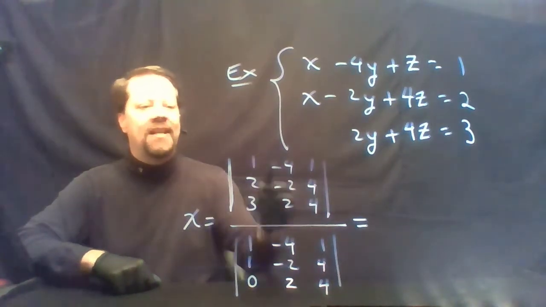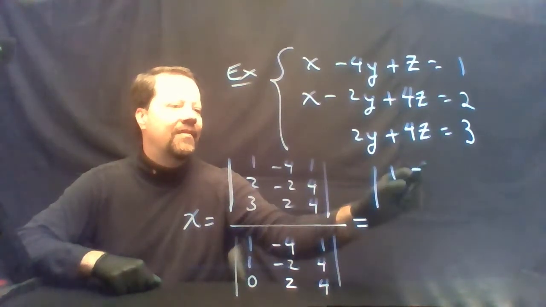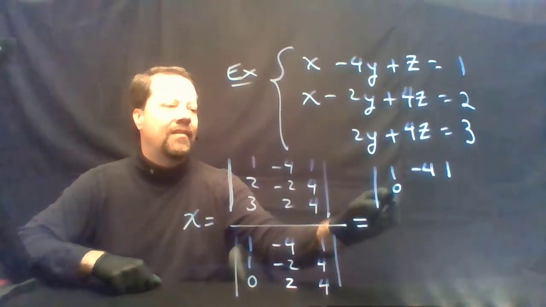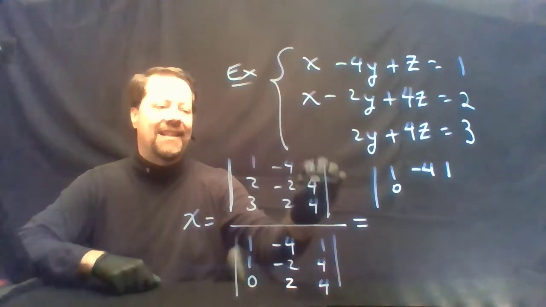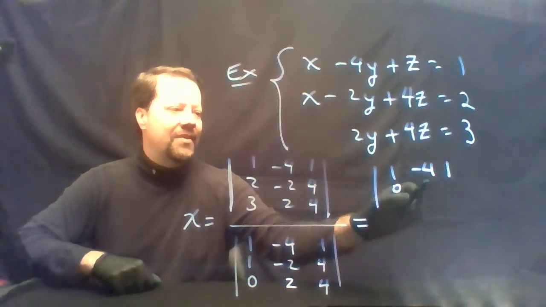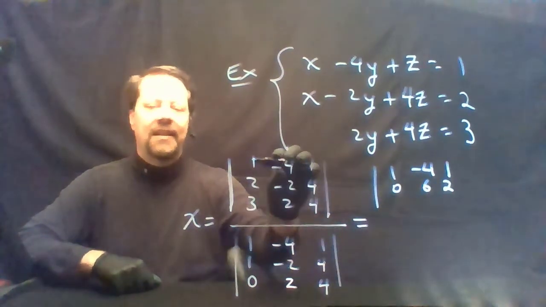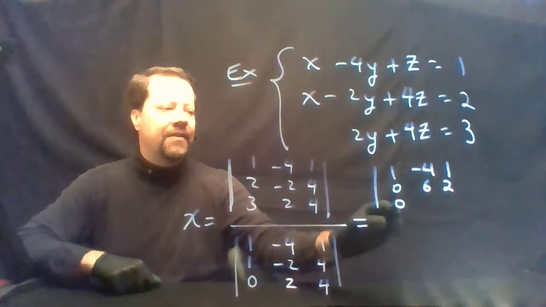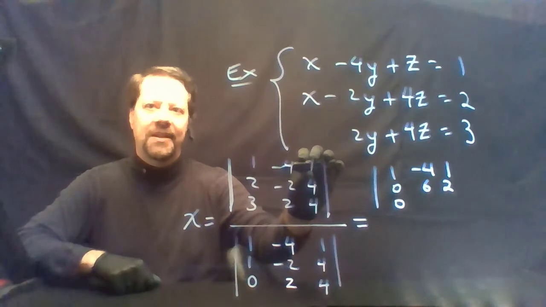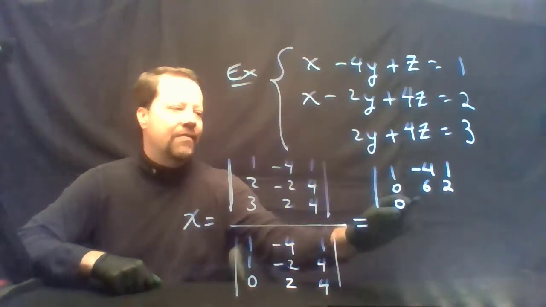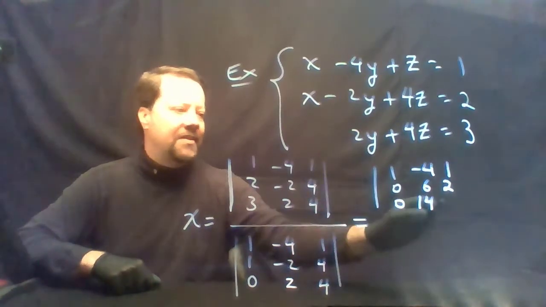For instance, we might take negative 2 times the first row and add it to the second row. Negative 2 times this plus this. Negative 2 times negative 4 is positive 8, plus negative 2 is 6. Negative 2 times this plus this. Negative 3 times the top row plus the third row gives us a 0 in the lower left. Negative 3 times negative 4 is positive 12, and 2 makes 14. And then negative 3 and this gives us 1.